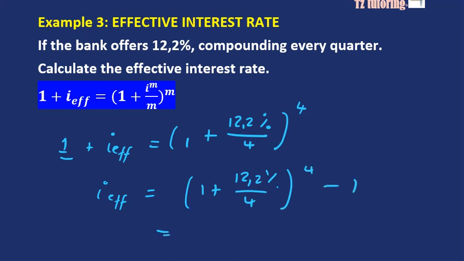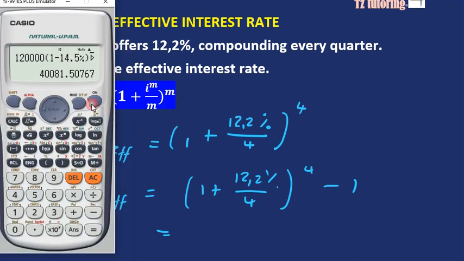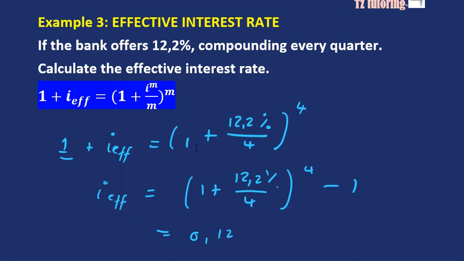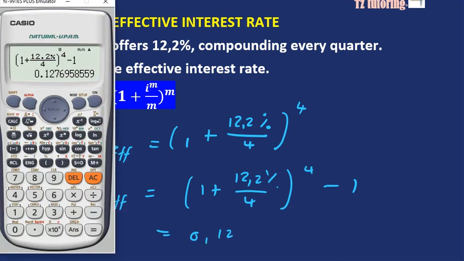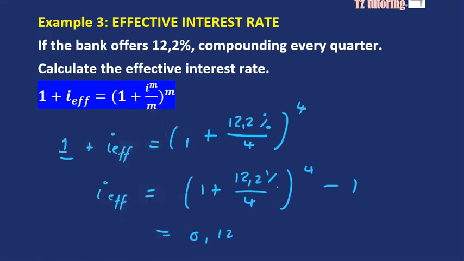And if you go to your calculator, you take 1 plus 12.2%, divided by 4, to the power of 4, minus 1. All right, so you'll get 0.128.